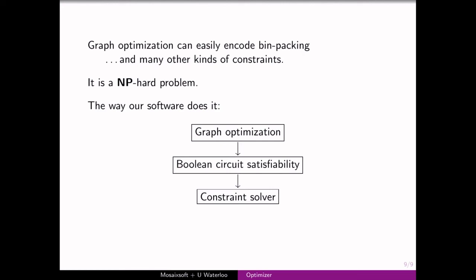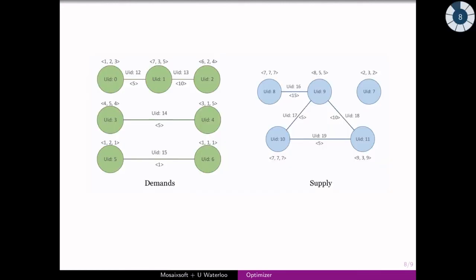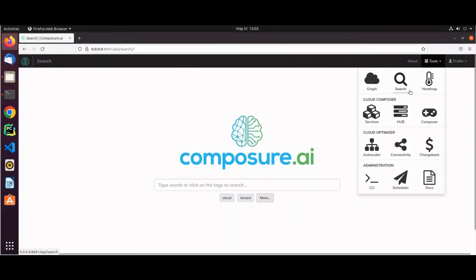Now, moving on to the demo, I just want to point out that in our demo we use as an example exactly this example that I show in this slide. So moving on to the demo, right, so we launch our software.